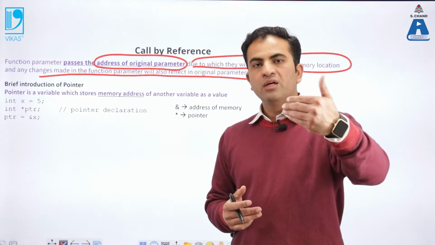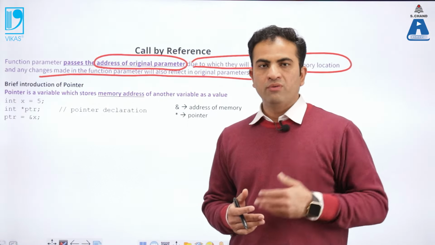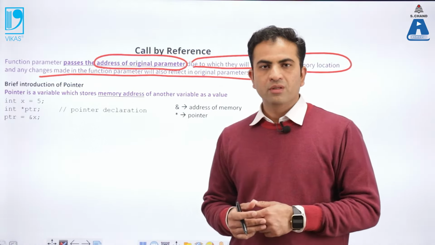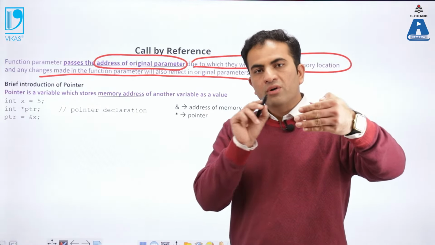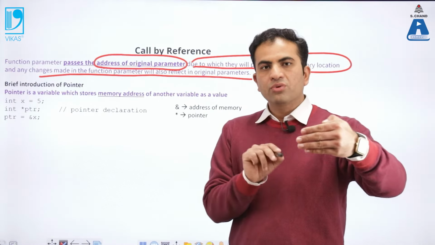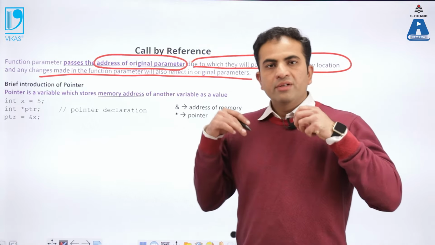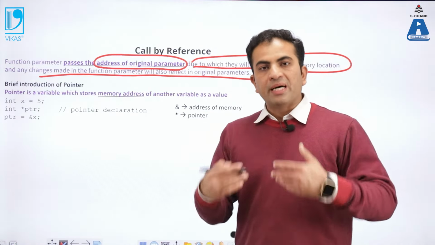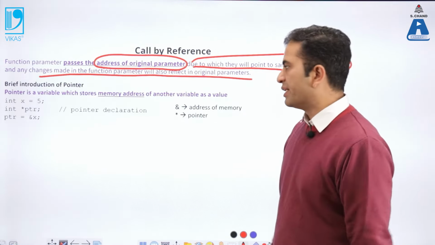Now instead of the value, if I say the address of Rahul, flat number so and so, it shows that I am calling Rahul not with the value, but through the reference or through the address. The same thing happens here. We are not passing the values, we are passing the addresses of those parameters.